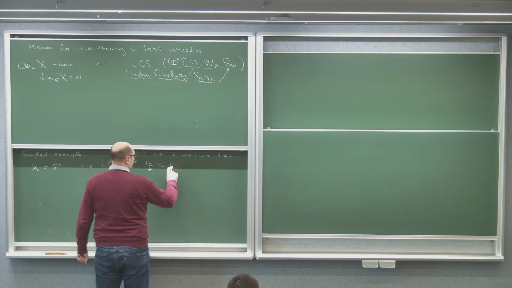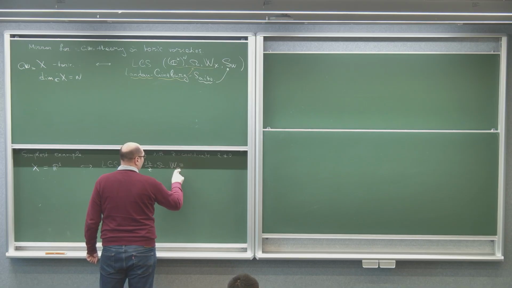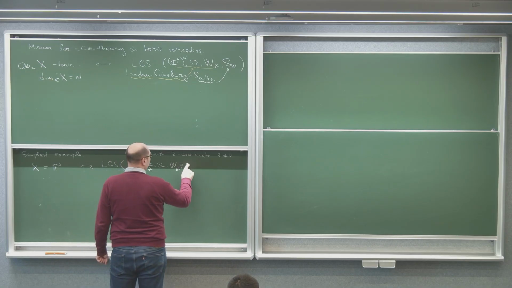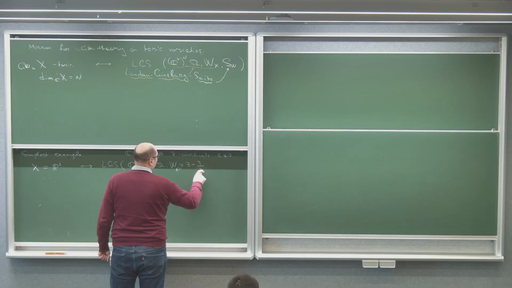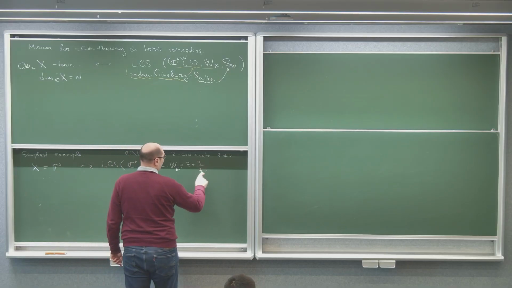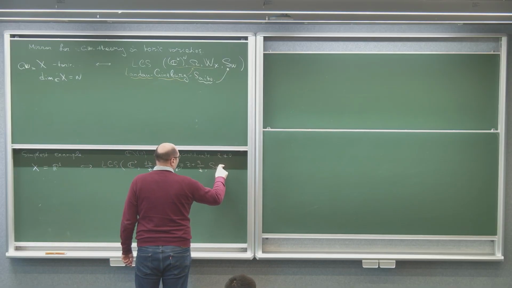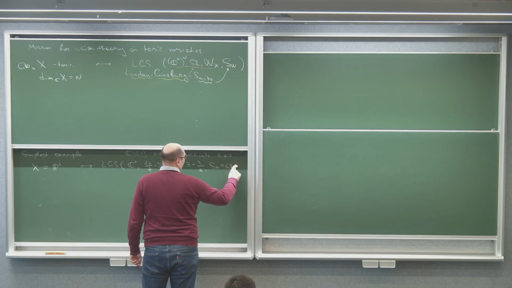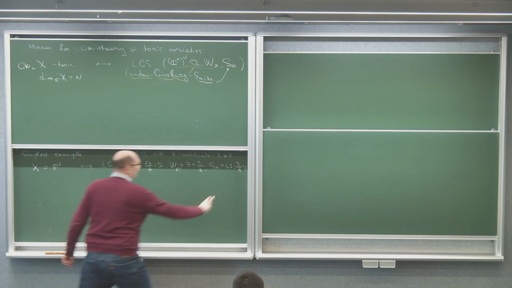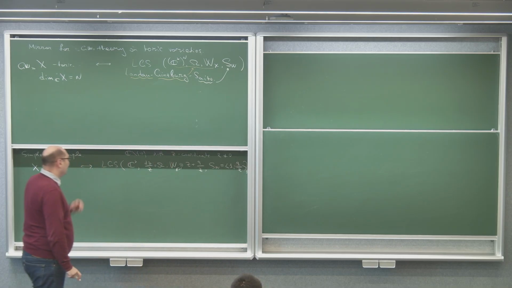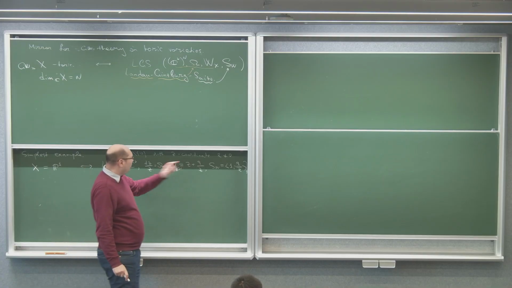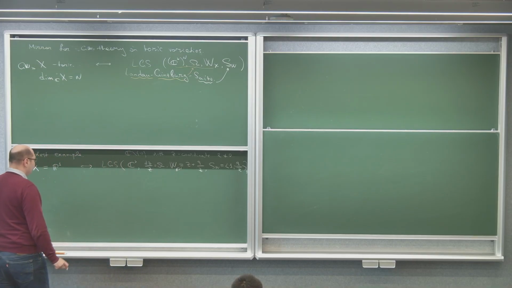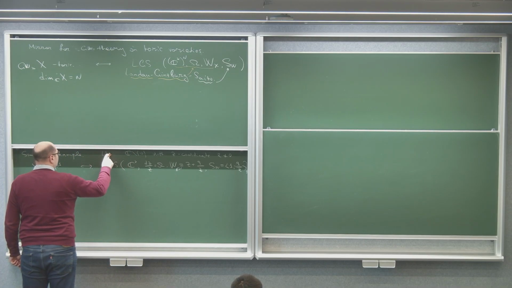The mirror superpotential for P1 in this coordinate is just Z plus Q over Z. And the good section is spanned by the identity. That is our data, and that's the usual form of mirror superpotential that we see in the literature.